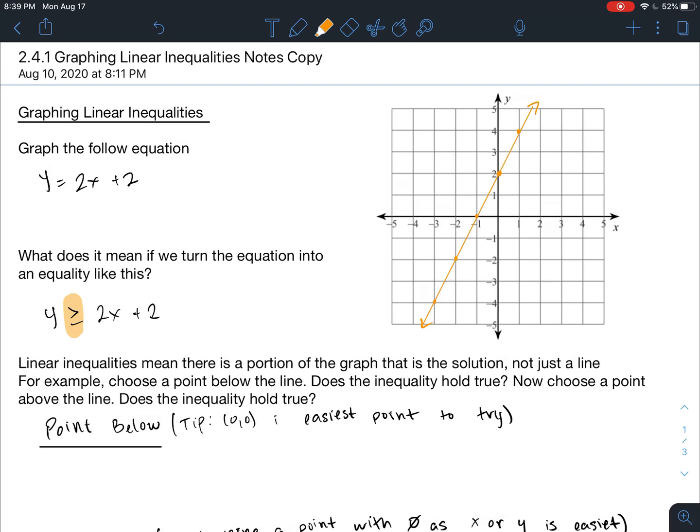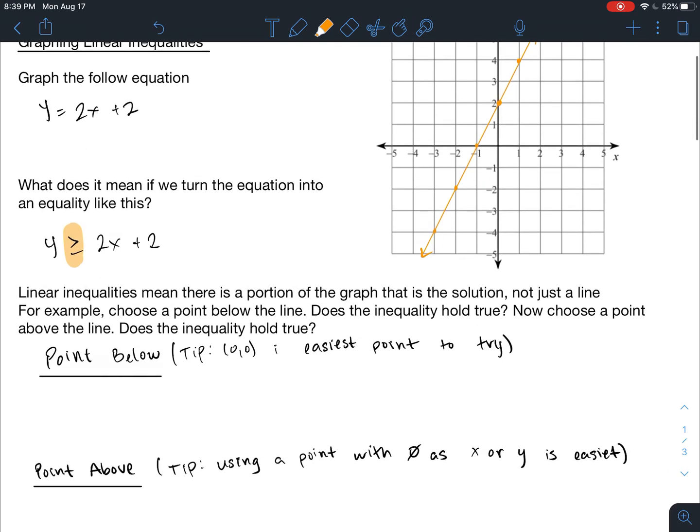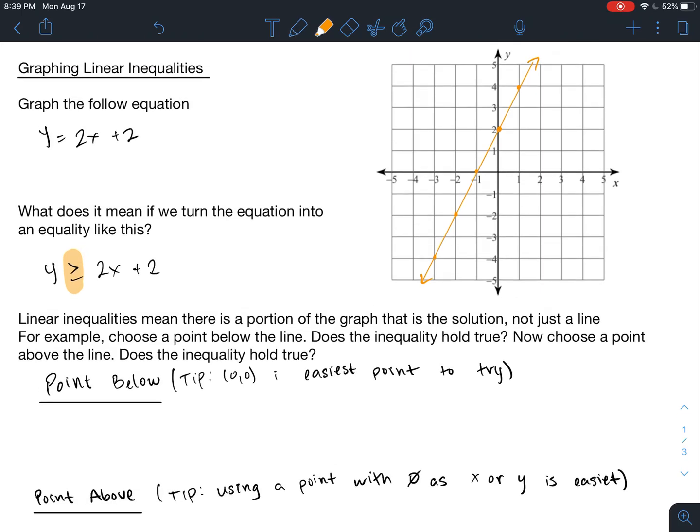How do we make sure that it's true? I'm going to test a point that is below the line and a point that is above the line, and we're going to see whether or not the inequality holds true.